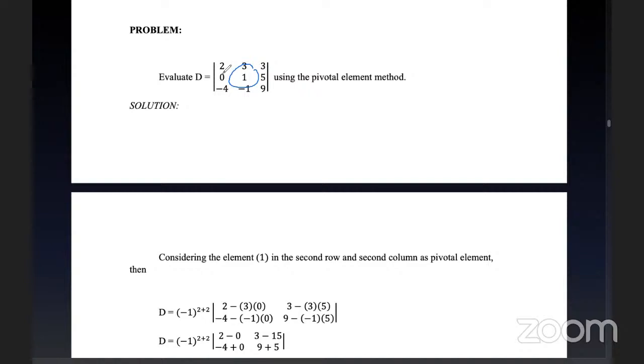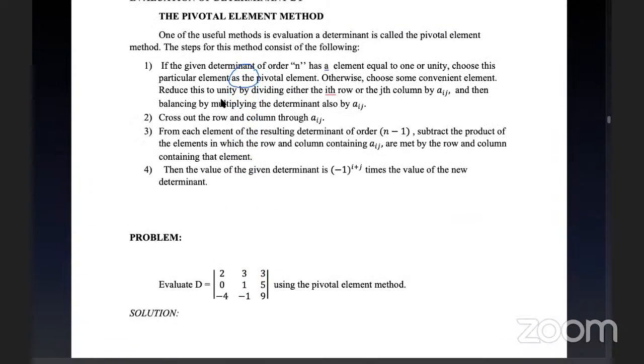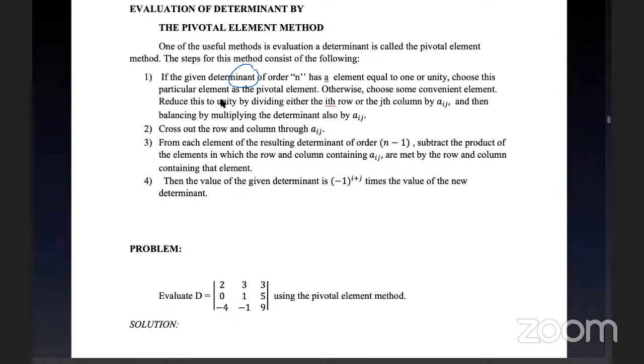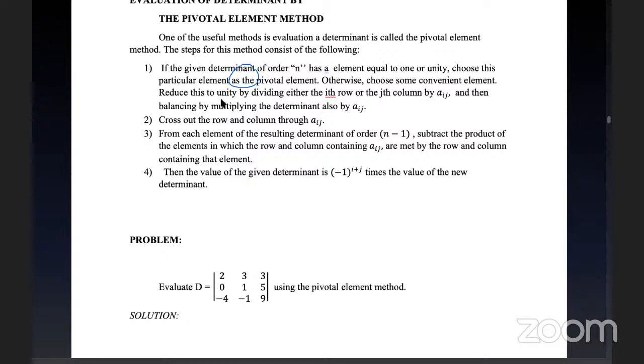So you have 2, 3, -4, and 9. Wait lang, parang magulo itong ano natin. O tama nga, subtract the product of the elements in which the row and column. Yun na.